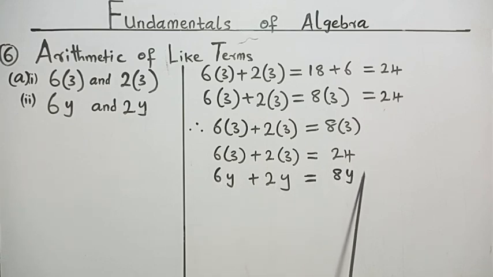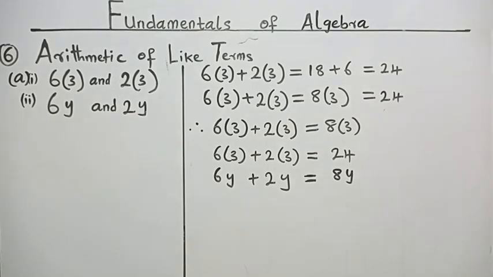If 3 is what is here, the answer will now become 24. If 2 is what is here, the answer will now become what? 16. If 5 is what is here, to replace this y, the answer now becomes 40. So, at this point in time, we are coming close to deriving a formula for adding like terms.